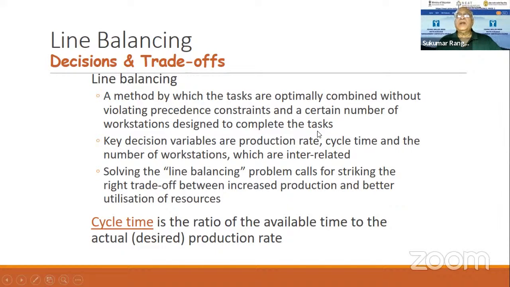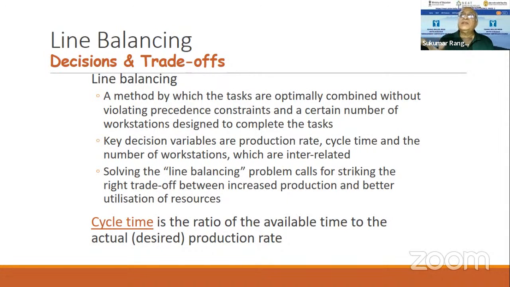As I said, in some cases you may need 3 workstations, some may need 2, some may have only 1. And depending on that, how do you balance the line? Key decision variables are production rate, cycle time, and the number of workstations, which are interrelated. Cycle time is from the input to output. As I gave you that example, maybe one process takes 1.5 hours, the other process takes only 20 minutes.